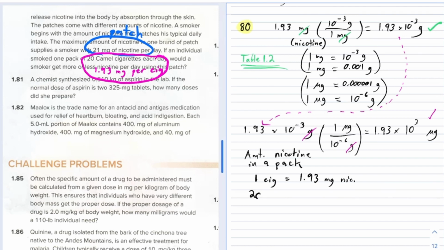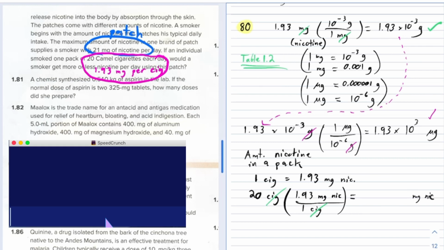So if we've got 20 cigarettes, we can convert that now. 1.93 milligrams of nicotine is in one cigarette, and calculating this will give you milligrams of nicotine in 20 cigarettes.